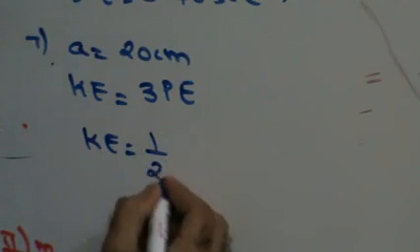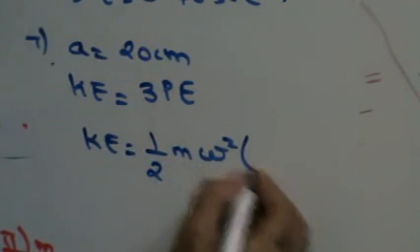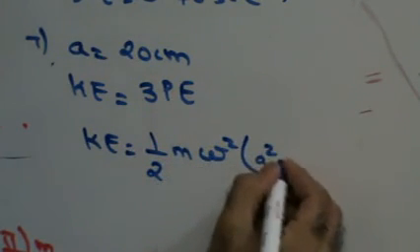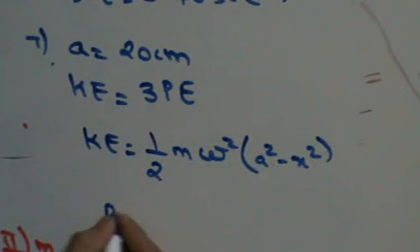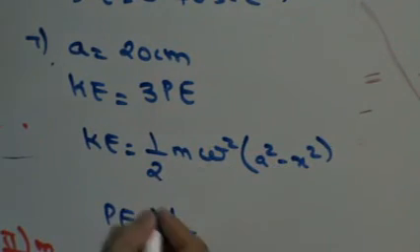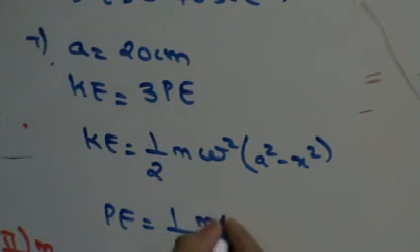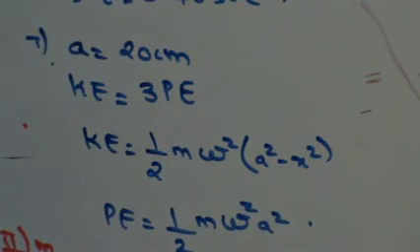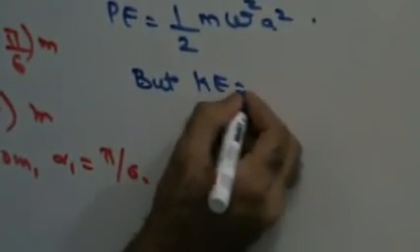Now guys, kinetic energy of a particle performing SHM is given by the formula half m omega square into a square minus x square. Potential energy of a particle performing SHM is given by the formula half m omega square x square, right? But they have given us that kinetic energy is equal to 3 times potential energy.